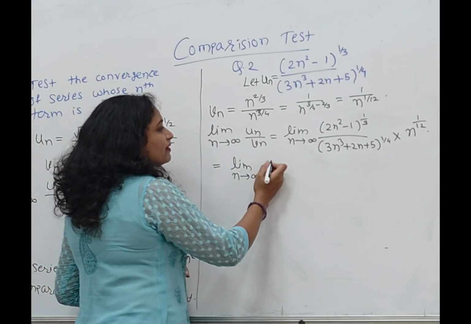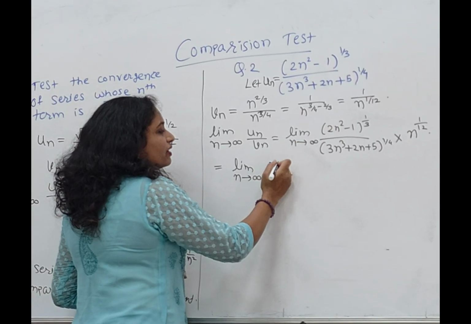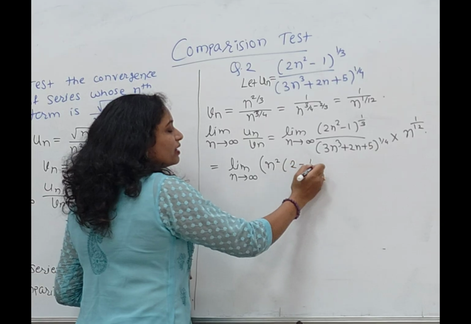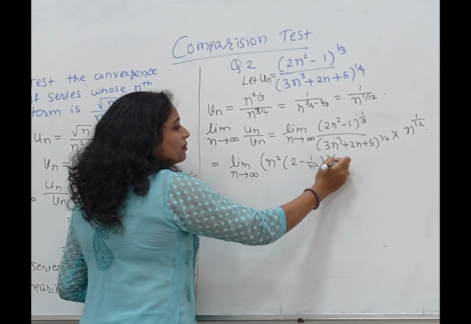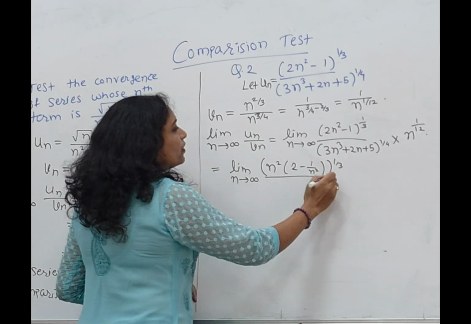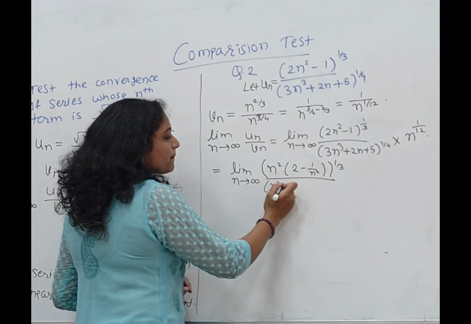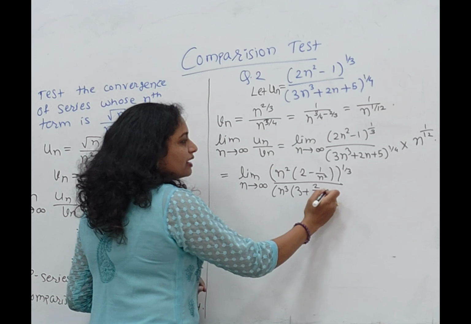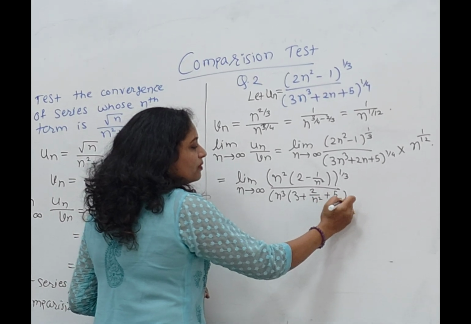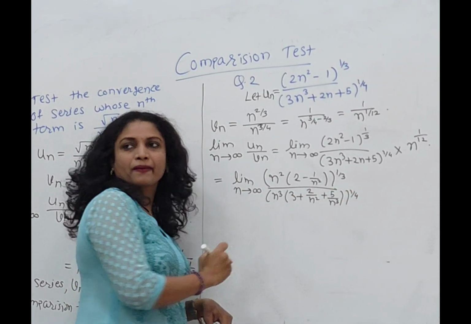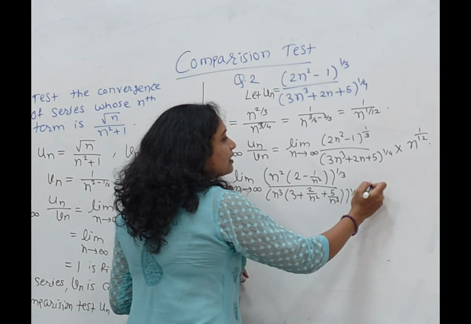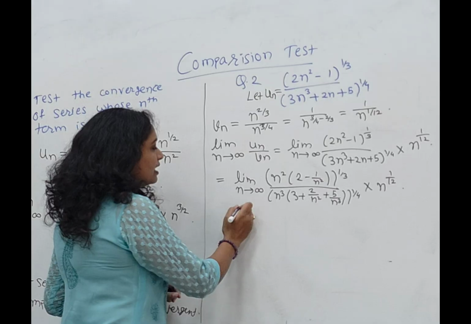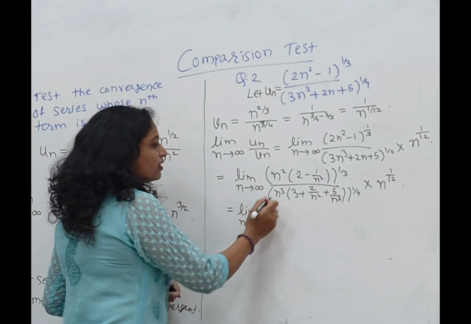So here let's calculate step by step. I am taking n square common in the bracket. So you will get 2 minus 1 upon n square, whole power 1 by 2, upon, here n cube common, you will have 3 plus 2 upon n square plus 5 upon n cube, whole power 1 by 4, into n raised to 1 by 12. Again distribute the power over the two terms.